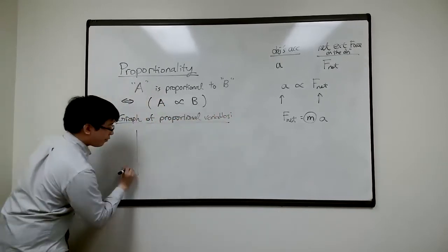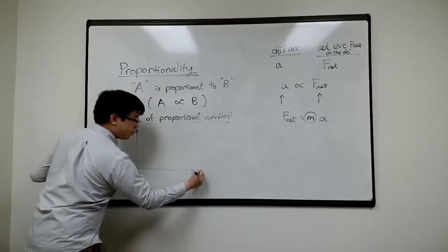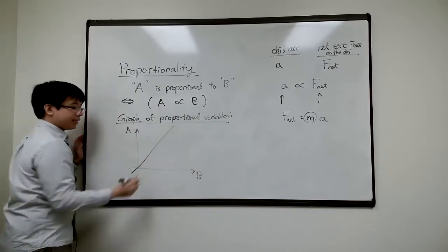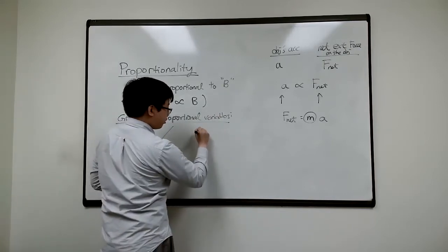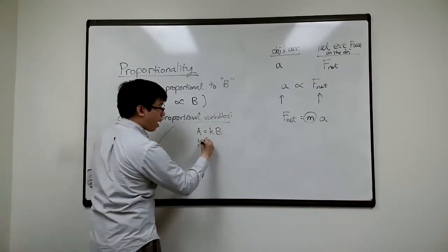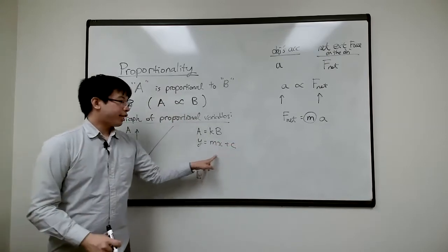If you plot A and B like this, it will always be a straight line through the origin. Why is that? Remember, if they're proportional, you can write it in the format of y equals mx plus c. So you recognize that it is a straight line.